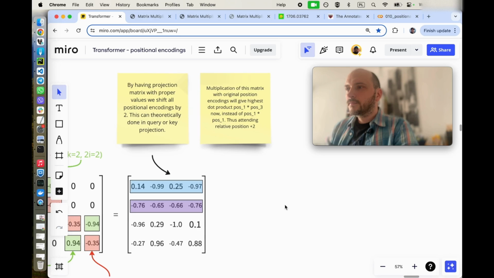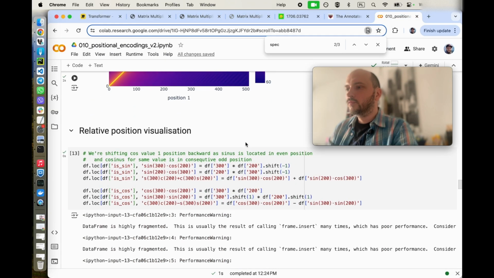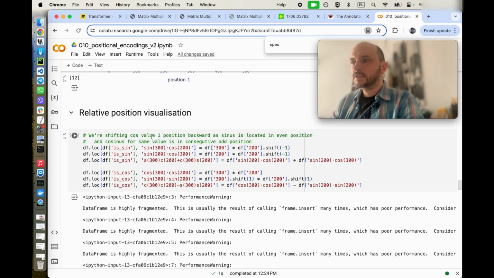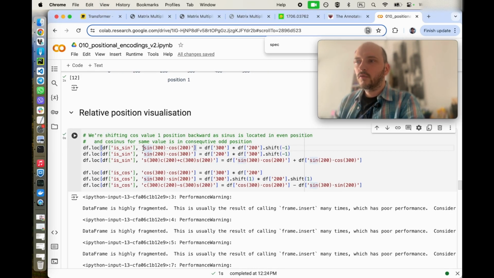And I've also made this in the notebook, as I was just curious if it actually works this way. So what I did is I prepared these vectors of sine for position 300 multiplied by cosine for position 200 to see if this will actually result in the embedding vector for position 500.